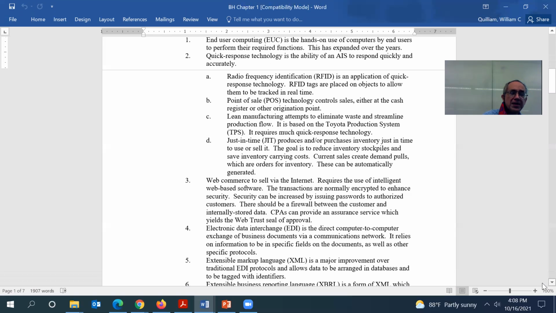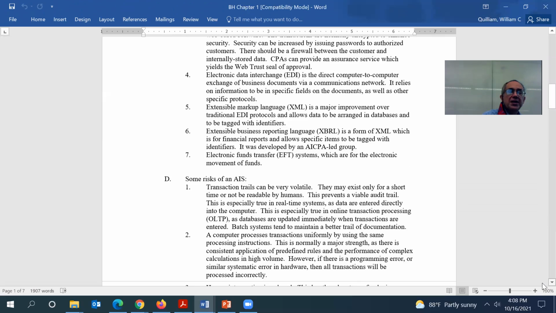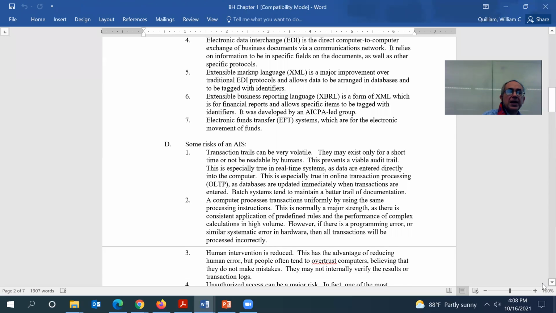Then a very old term is number 4, electronic data interchange, EDI. It's a direct computer-to-computer exchange of business documents via a communications network. It relies on the information being in specific fields on the documents, as well as other specific protocols.